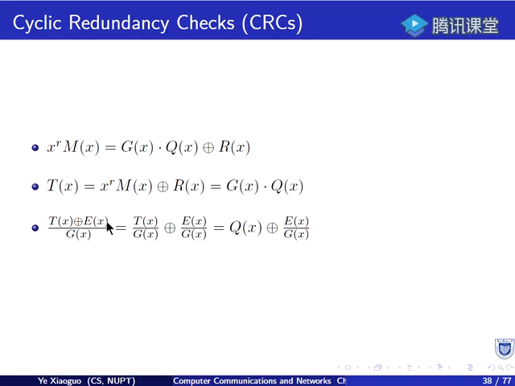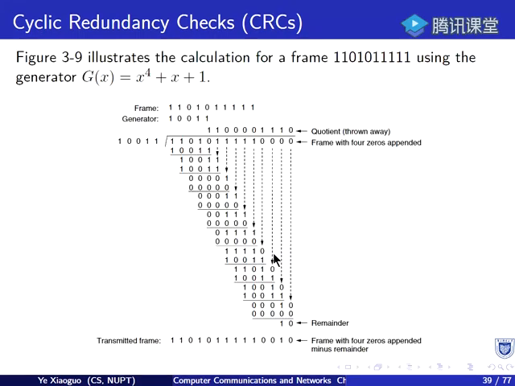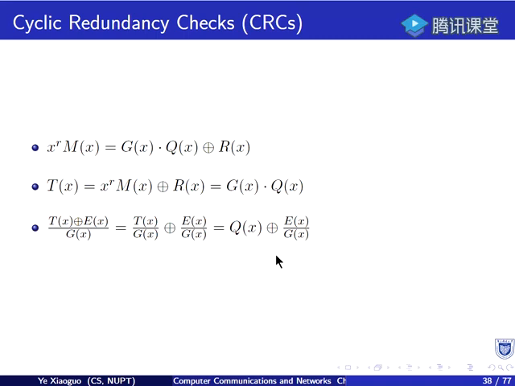If there is a transmission error, E(x), then there should be a remainder left. That is why the transmission error can be detected, right?